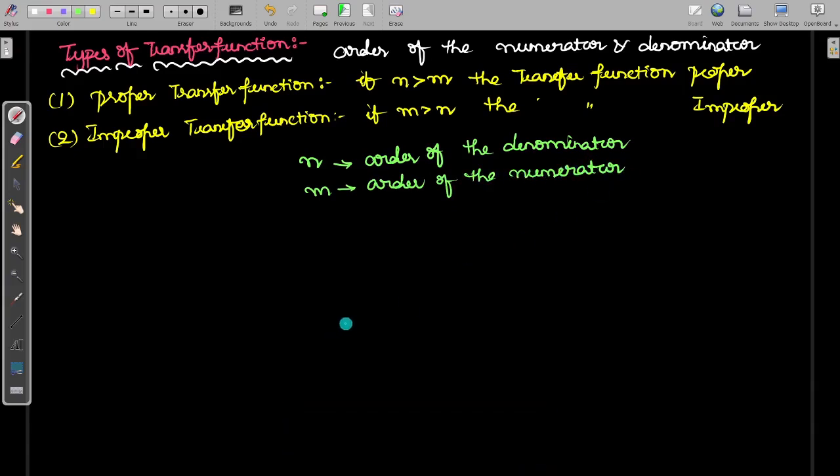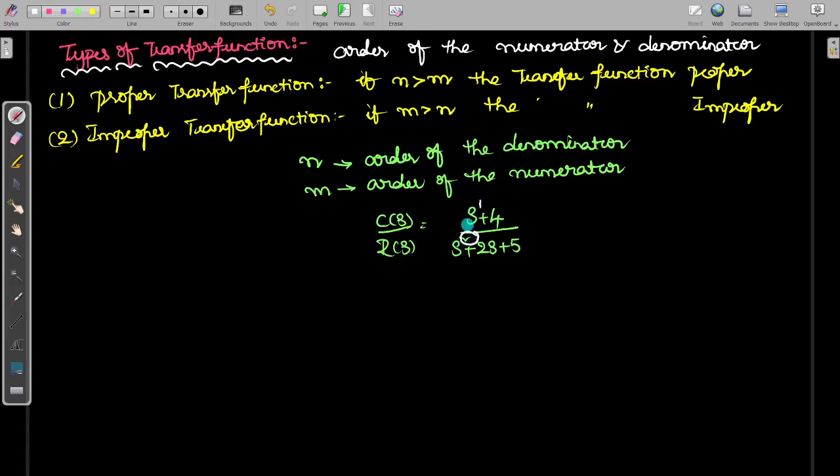As in the previous example, C of s divided by R of s is s plus 4 divided by s square plus 2s plus 5. If you observe, the order of the denominator is 2, that is the highest power.